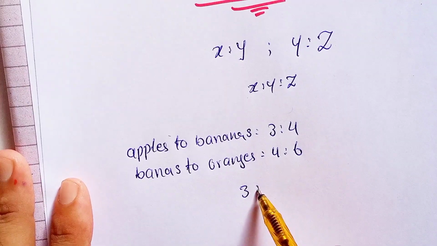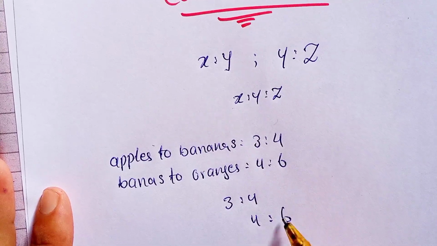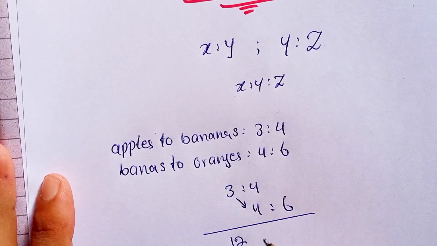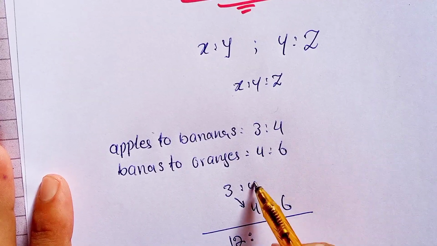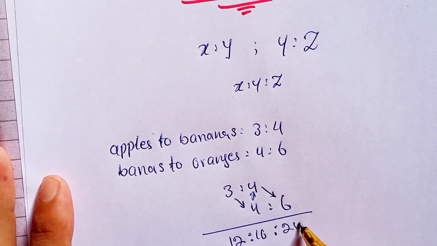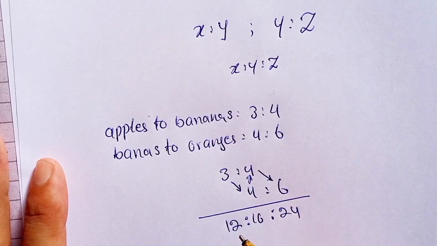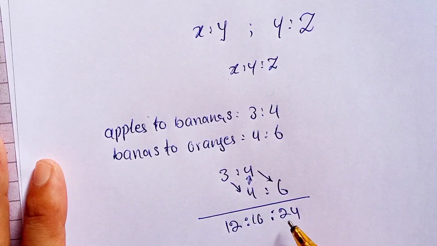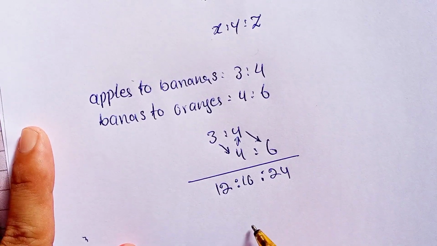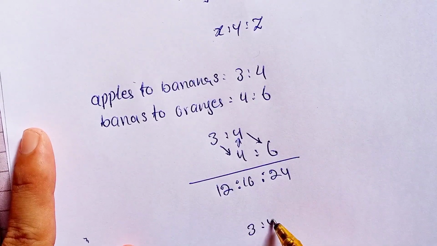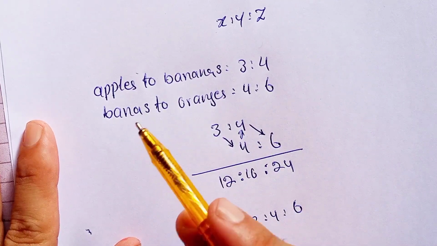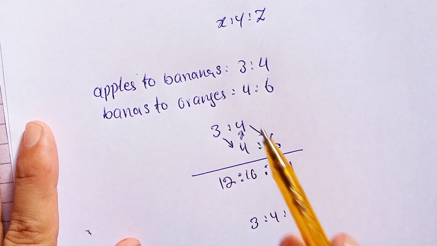So 3:4 and 4:6, we can write it as 3 times 4 is 12, 4 times 4 is 16, 4 times 6 is 24, right? So the continued ratio is 12:16:24. If we simplify this ratio, we get 3:4:6. So the continued ratio of apples to bananas to oranges is 3:4:6.